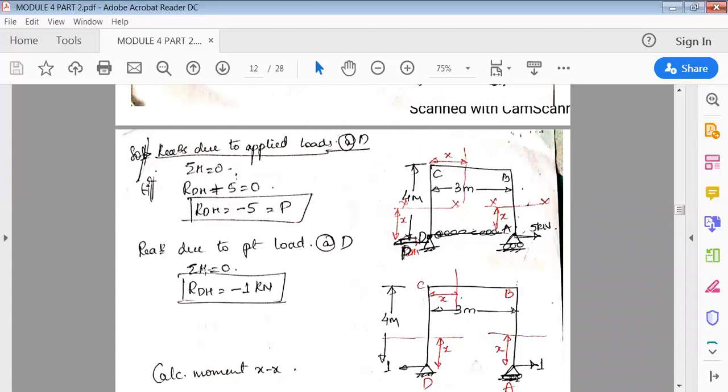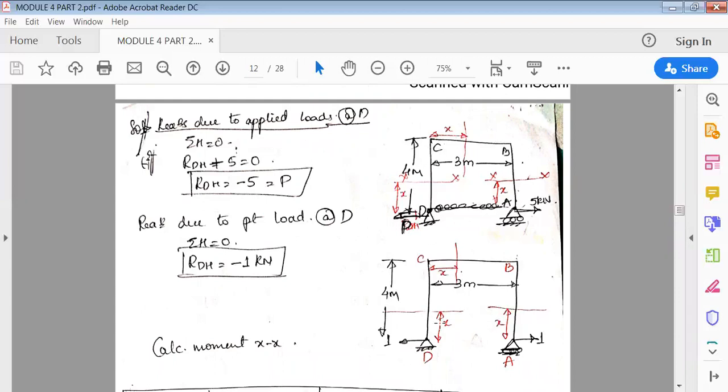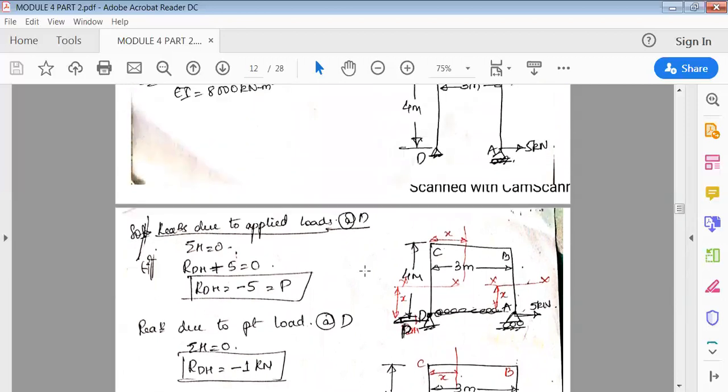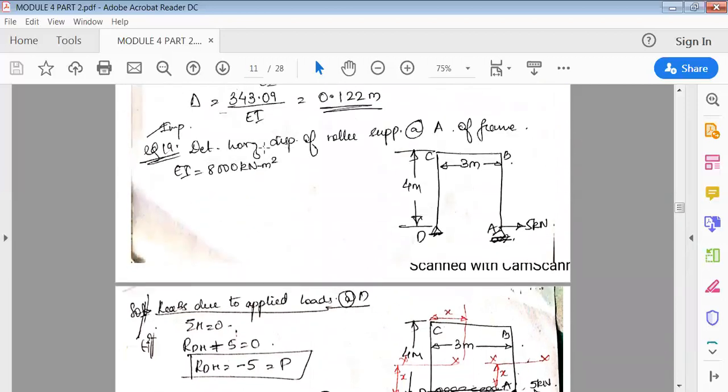Next we'll find the reaction due to the point load. The same frame is redrawn here, and instead of 5 kilonewton, we'll show 1 kilonewton. We'll remove the external load and replace it by 1 kilonewton. Why we are doing this is because according to the unit load method, whatever the external load is, it has to be replaced by 1 kilonewton, and wherever the displacement is asked, at that point we replace the load.